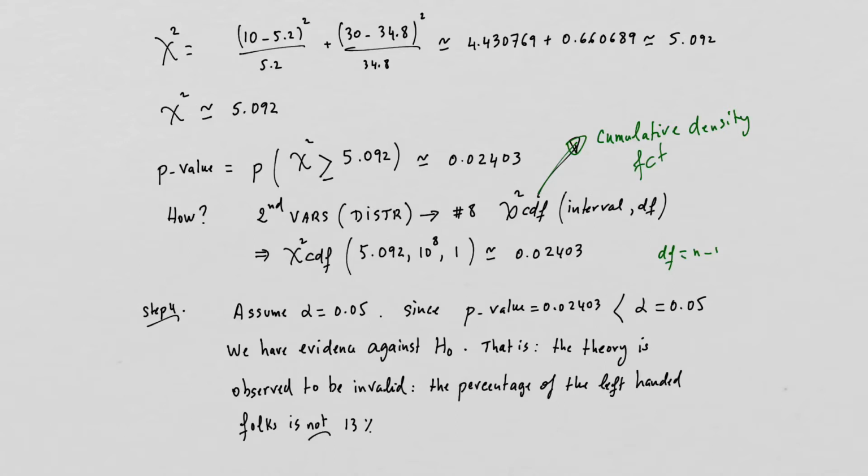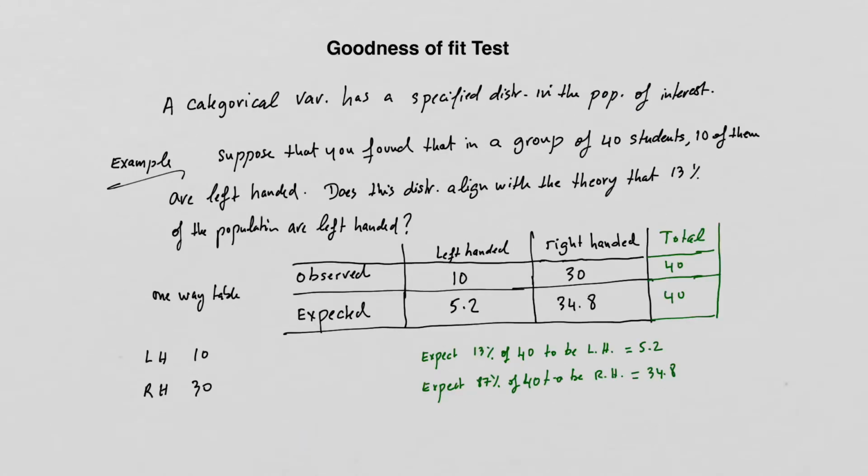And it should make sense to you. So n is 2, and 2 minus 1 is 1. Why is it 1? Because, go back to, if I'm given this piece of information, I am interviewing 40 people, and 10 of them tell me that they are left-handed, I don't need 2 degrees of freedom.